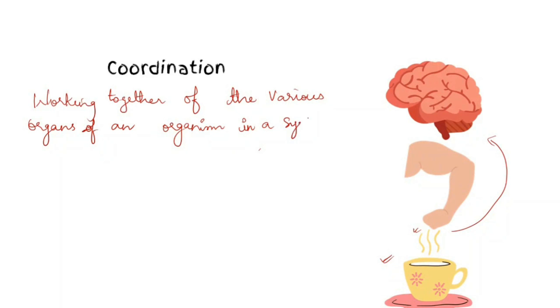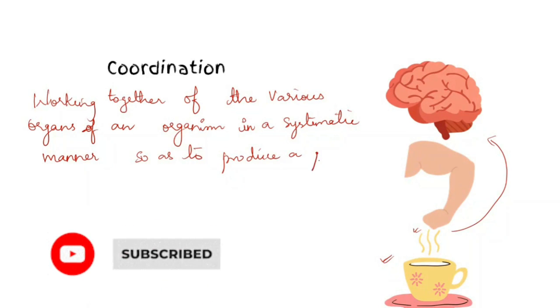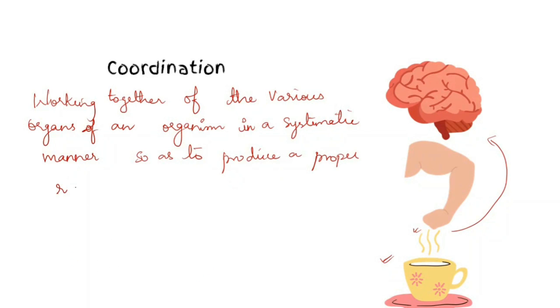In a systematic manner, very important point, so as to produce a proper response to the stimulus. So coordination means all the systems and organs of your body have to coordinate with each other in order to provide a response to the stimulus in a systematic manner. This is called coordination. Very simple definition to remember.